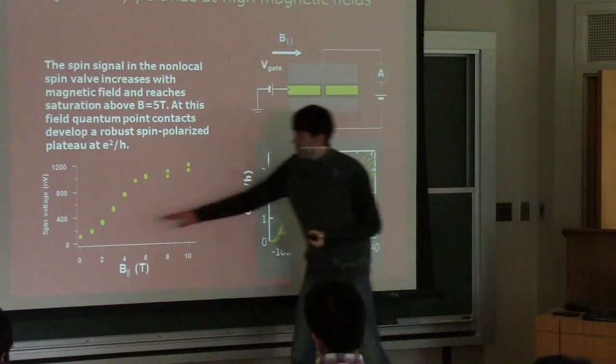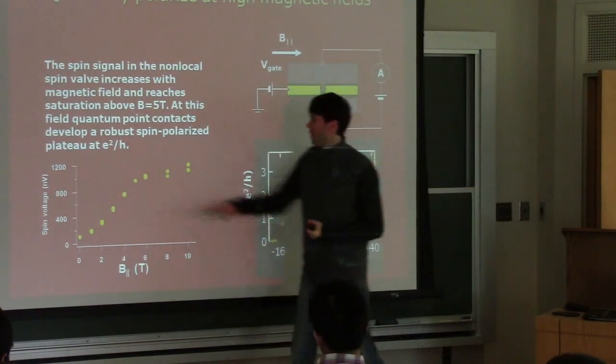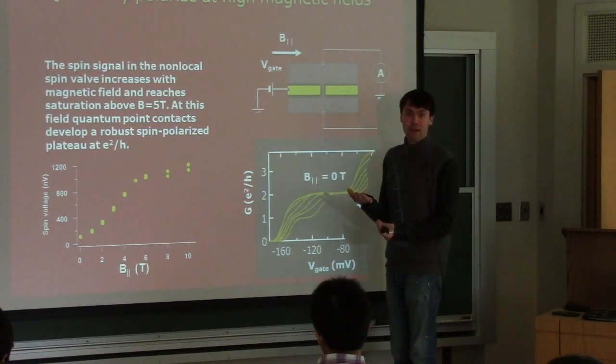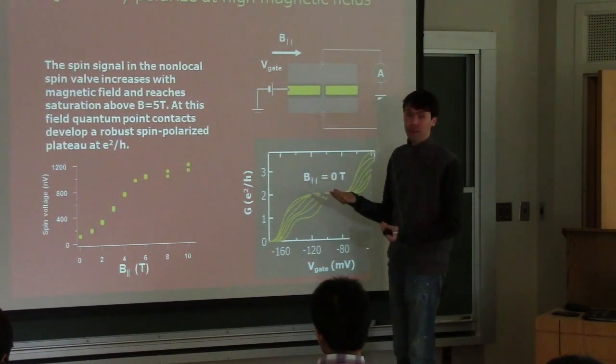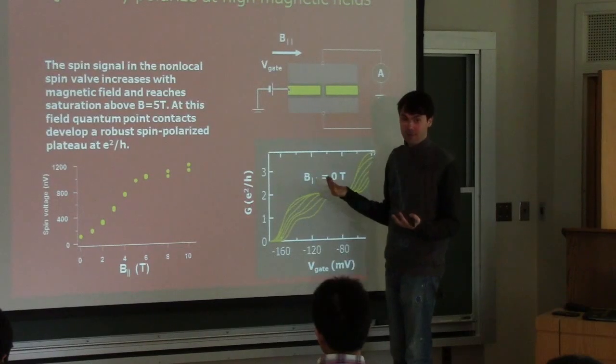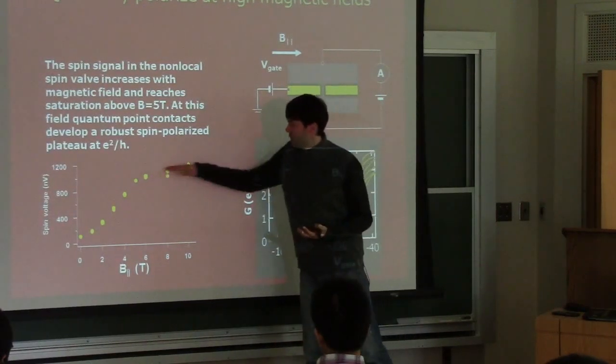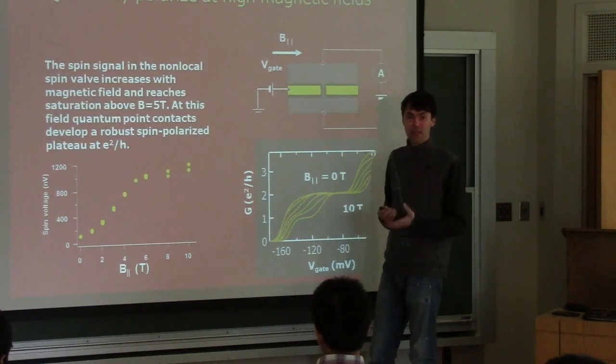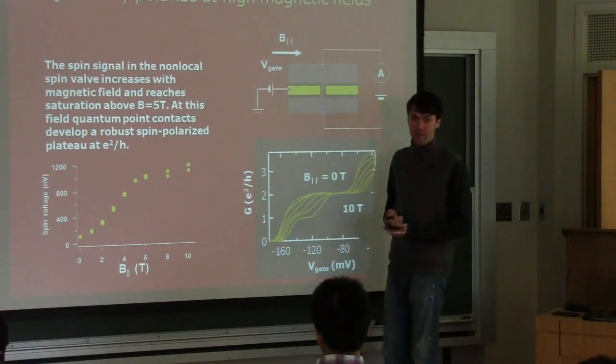So it's especially interesting to study this transition region where the plateau is just forming, and what you can see is that the polarization is not 100%. And when it reaches this flat region, when the plateau is fully formed, the spin polarization is 100%.